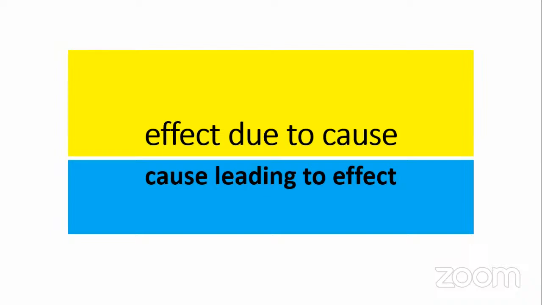Otherwise, if you heat ice, it melts. If you boil water, it becomes steam. There is no way something goes wrong. At 100 degrees centigrade, water is converted into water vapor. There is no excuse for that.